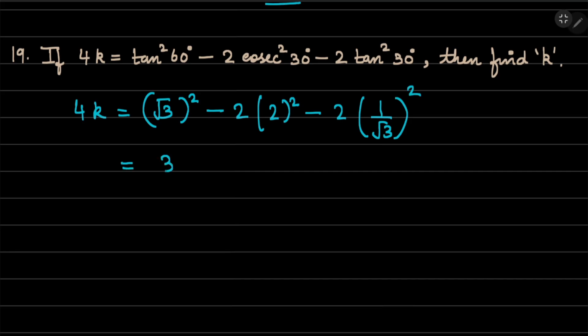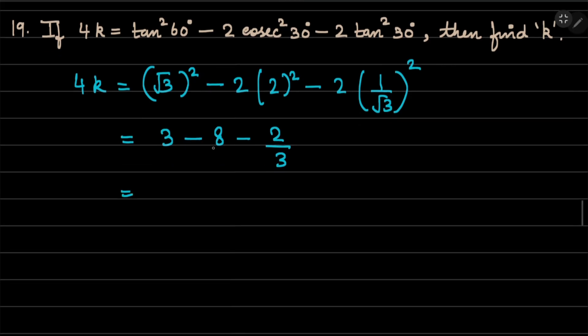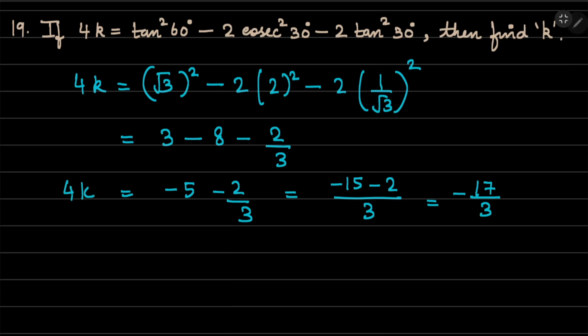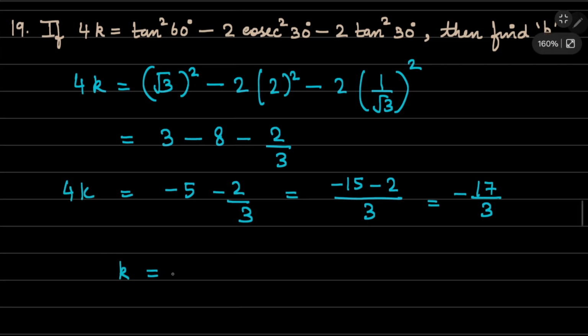What do you get? 3 minus 2 square, that is 4, 4 2s are 8, minus 2 by 3. So 3 minus 8 is minus 5, minus 2 by 3. Taking 3 as the LCM, you have minus 15 minus 2, which is nothing but minus 17 by 3, equal to 4k. So what is k equal to?